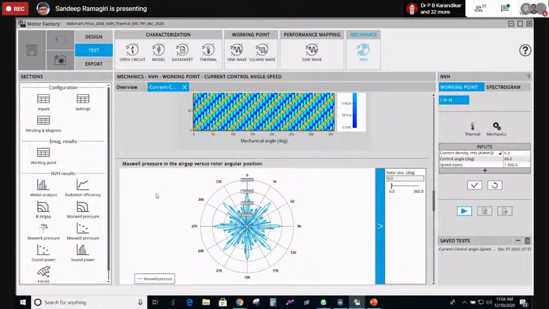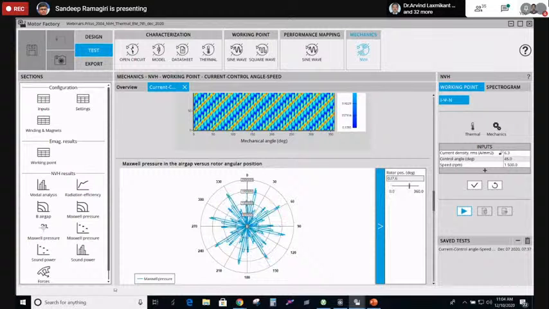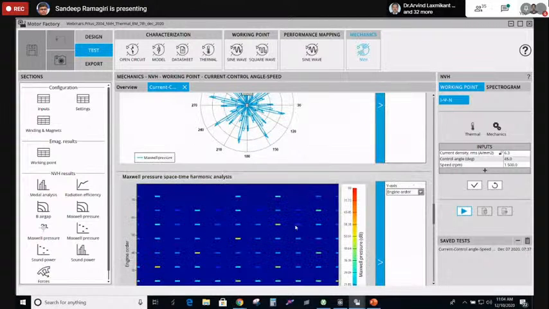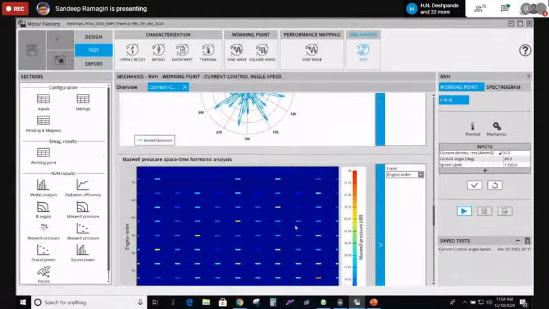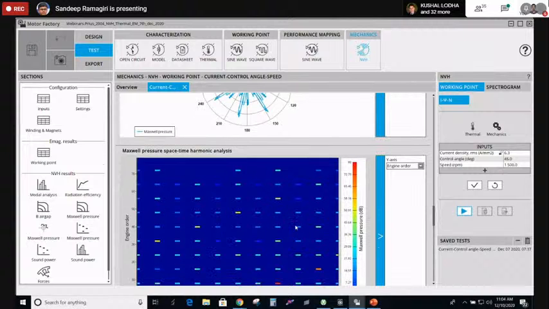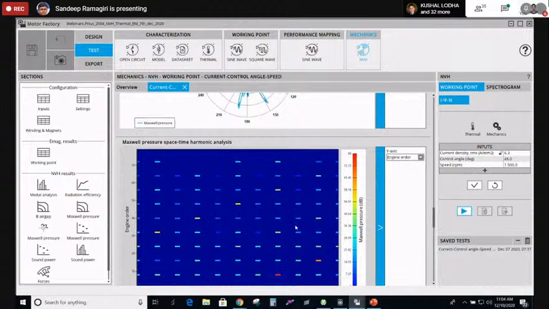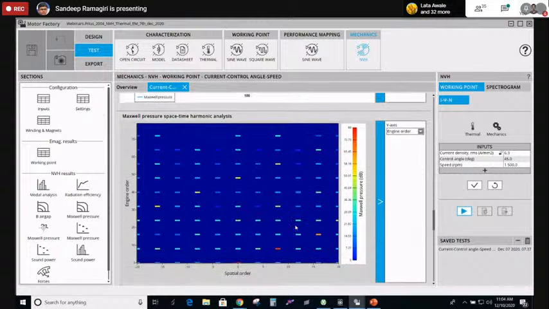So it's basically another way of representing the Maxwell pressure, considering the different values of angular position, so rotor position. So you can see here the Maxwell pressure in the space and time harmonic analysis. It basically helps to see where exactly the hot points are to be considered from the EM point of view.